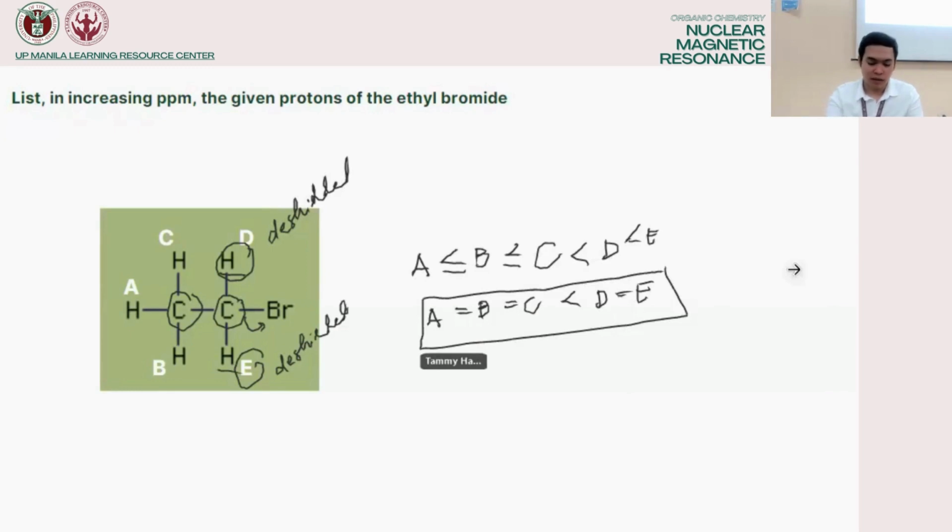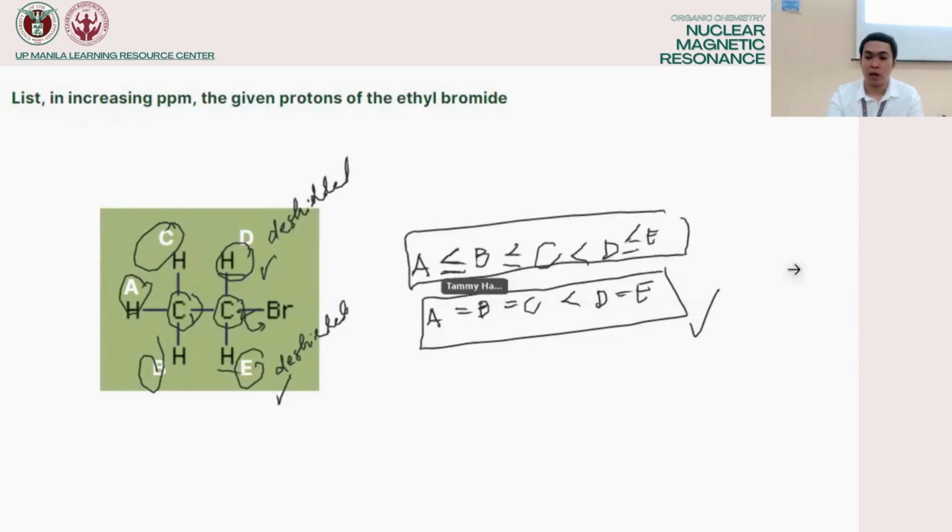Bakit? Kasi nga, equal lang sila. Same carbon lang sila, itong dalawa. Itong tatlo, same carbon lang yan. Carbon 1, carbon 2. That's why the answer is this. Pero if you answer this, tama rin ito, kasi less than or equal naman. Tama ba to?